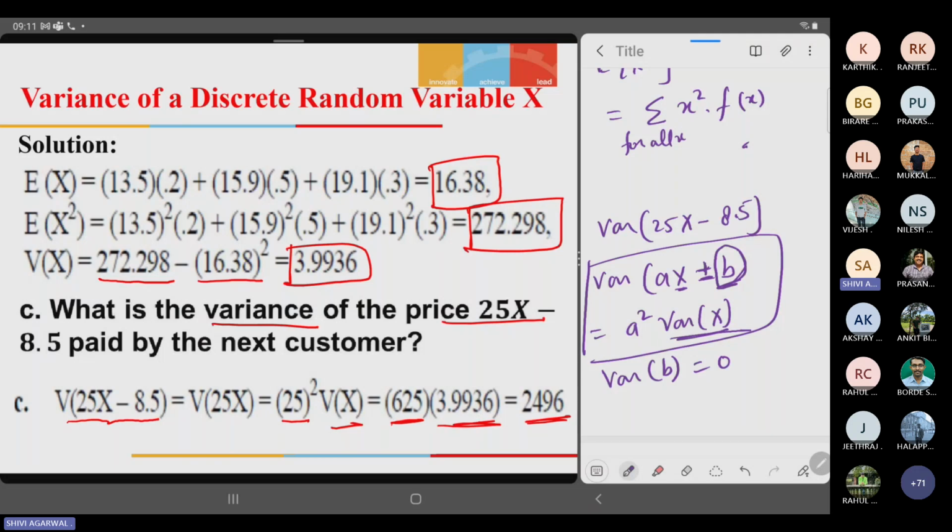That's why the constant which we take outside, we take its square. So this is 2496. In the same example, we can find the expected value of x, the mean, the expected value of x square, then the variance of x. And here a is equal to 25, b is 8.5.